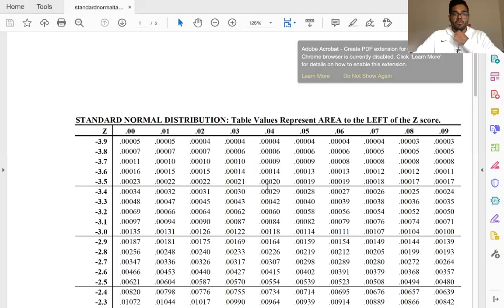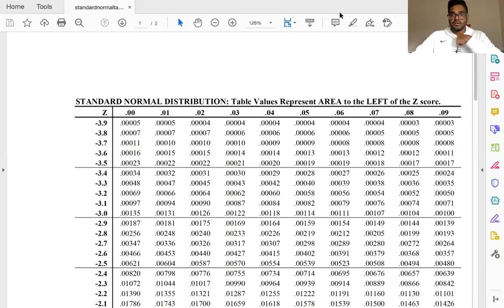The way this table works is, I'm going to do some highlighting. You have your z-scores here, all your different z values. The way it's designed is a little weird. You have your ones place and your tenths place here, and then you have your hundredths place at the top.